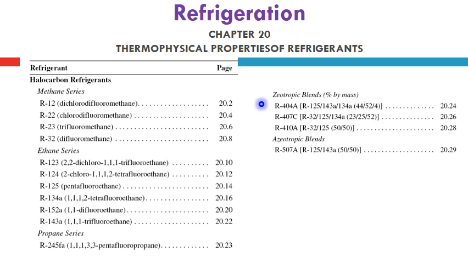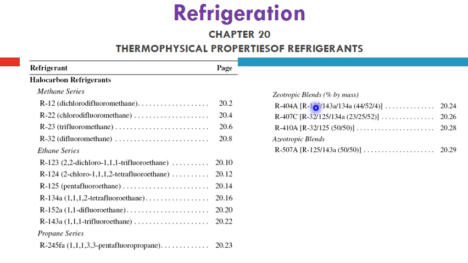Some other types of refrigerants are named zeotropic blends, by mass percentage, the 400 series. The zeotropic 400 series, as shown here, starts from R404A, R407C, and R410A, which is named boron.